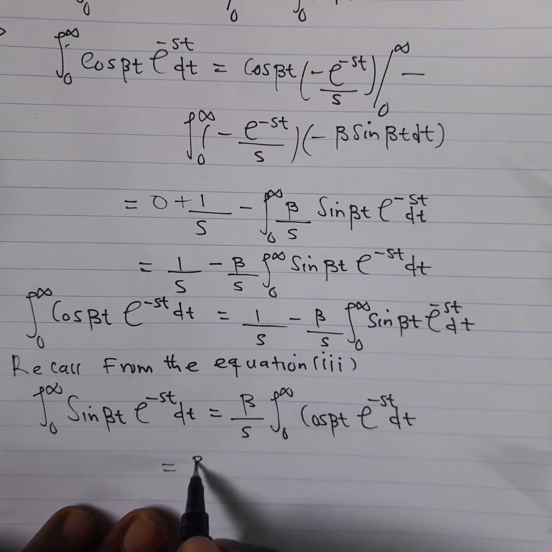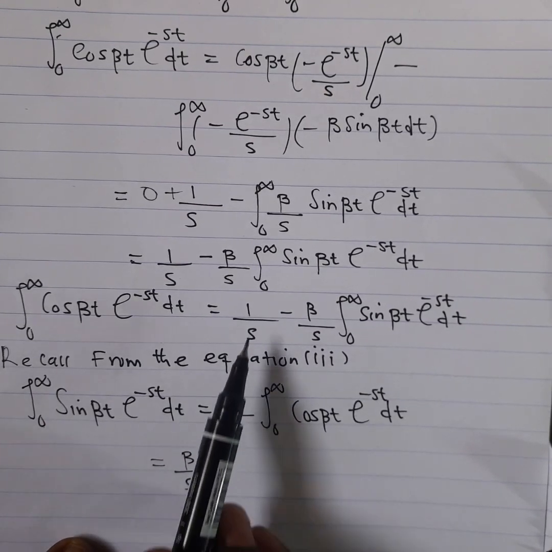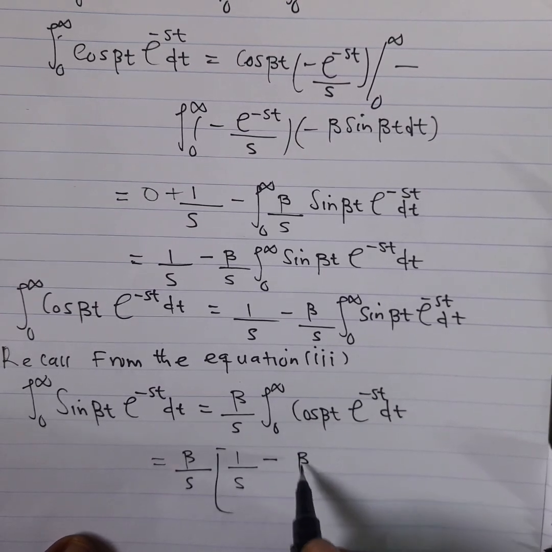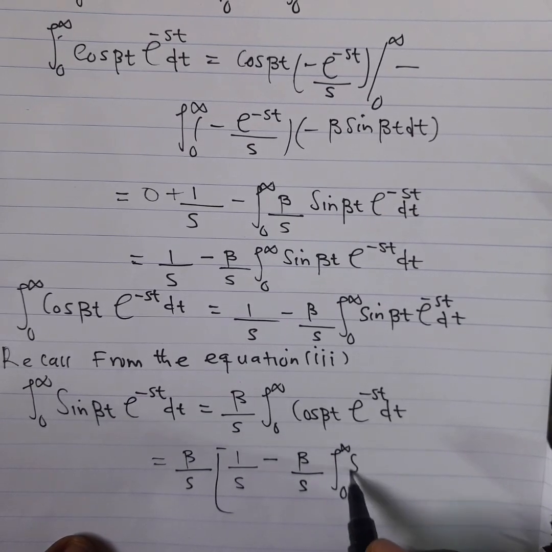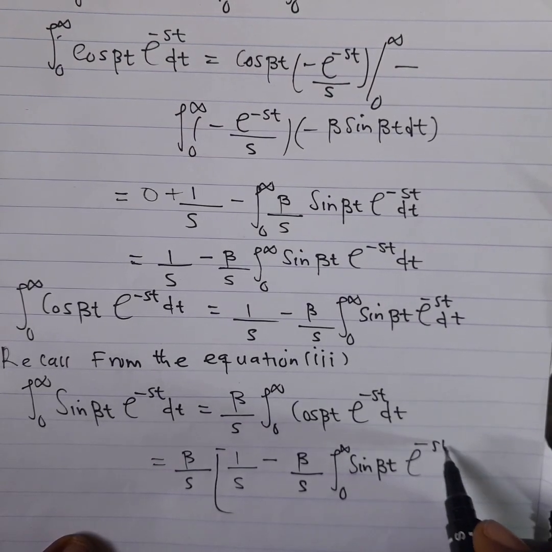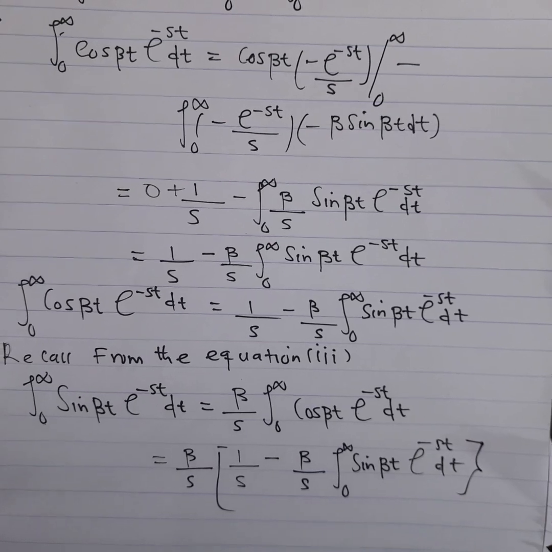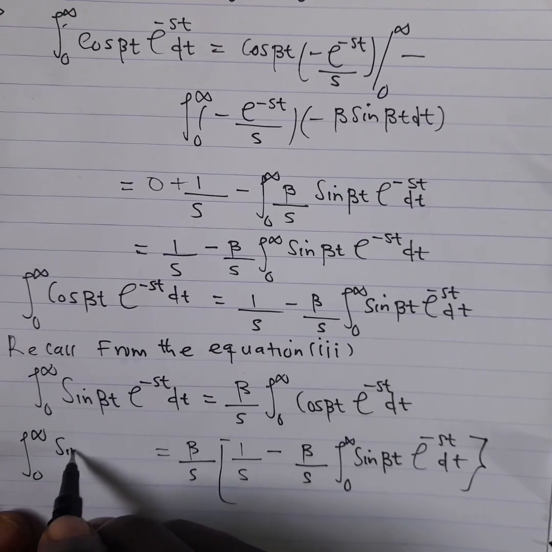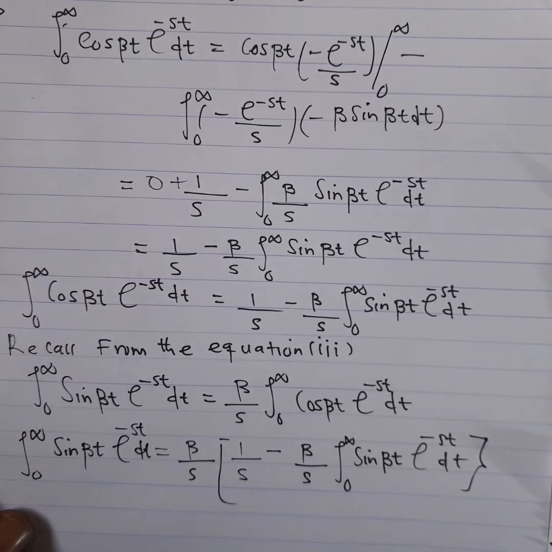What we are going to have is beta divided by s all into bracket of 1 divided by s minus beta divided by s integral from 0 to positive infinity sine beta t exponential raised to minus st dt. Then also we have everything here equal to the integral from 0 to positive infinity sine beta t exponential raised to minus st dt.